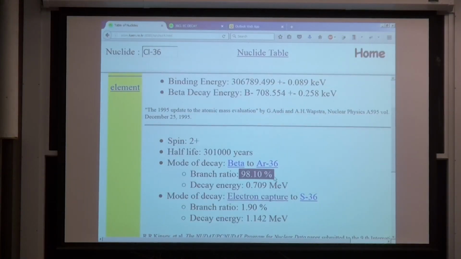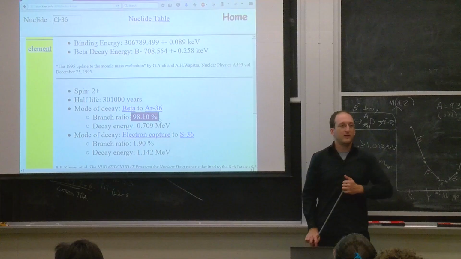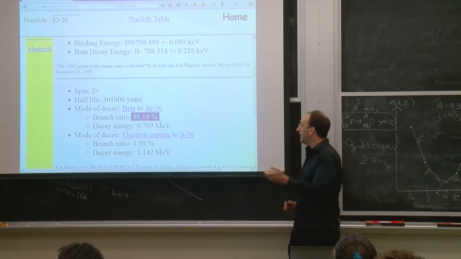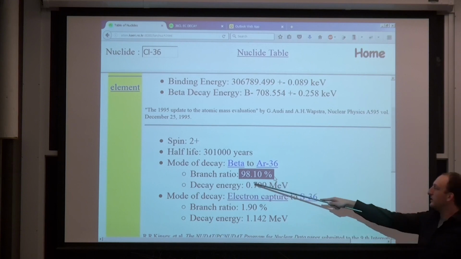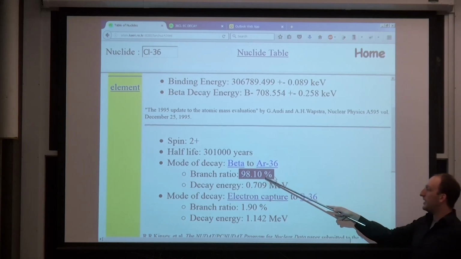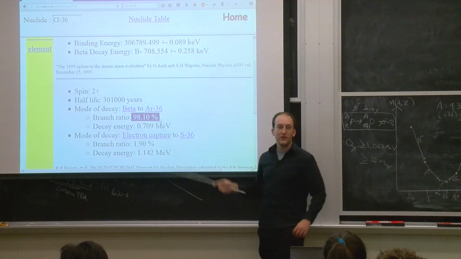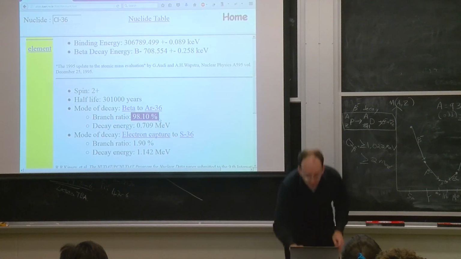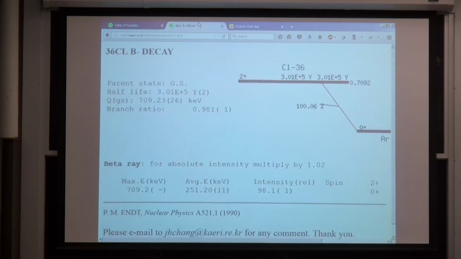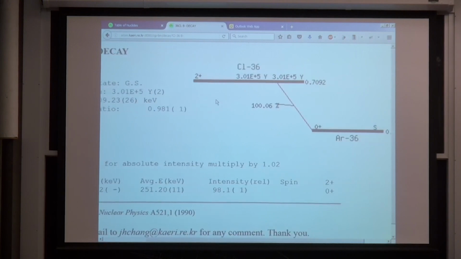Right here, in the beta decay. So in this case, chlorine 36 will preferentially beta decay. It's more likely to beta decay, so when you sum these up, you get 100% of the possible decays. Let's see how many energy levels there are there too. Hopefully not too many. That qualifies as not too many.